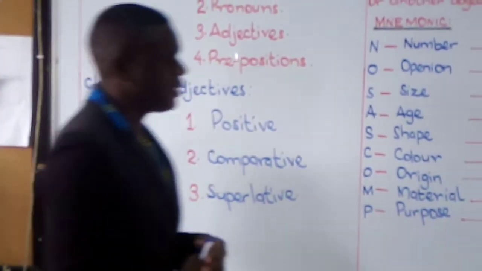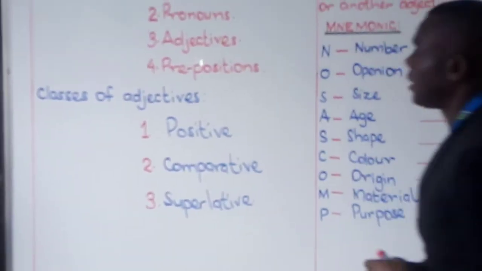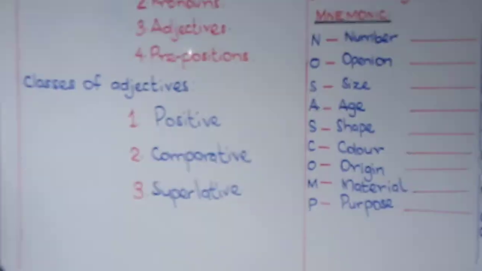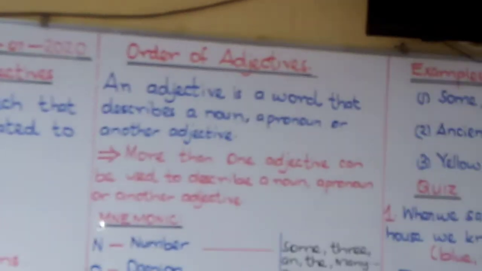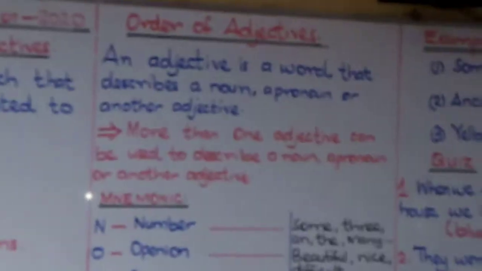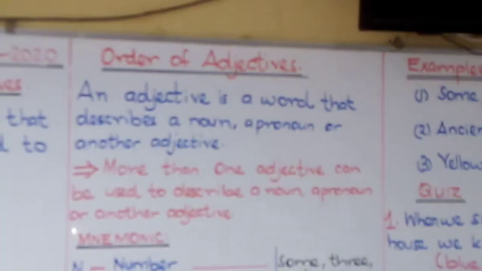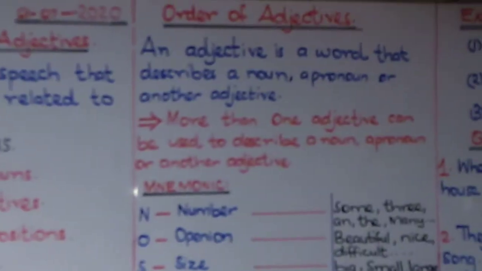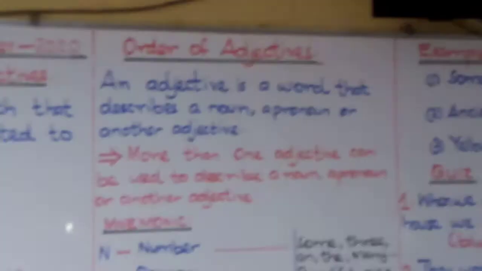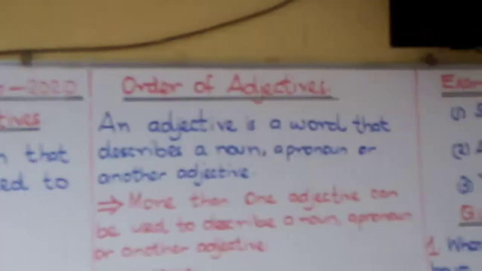Now, today, I want us to look at something new. Not very new, you were introduced to this in class 5. The order of adjectives. Let's begin again by describing what an adjective is.